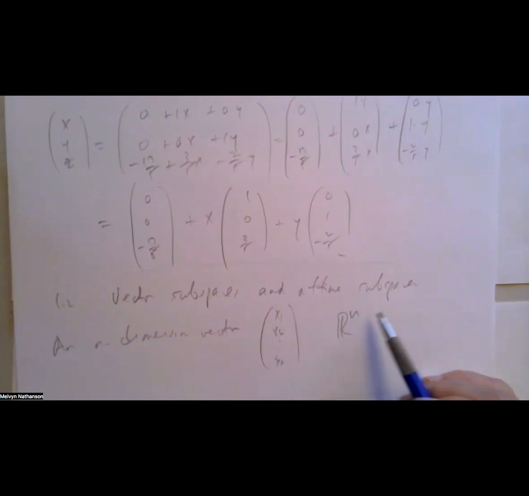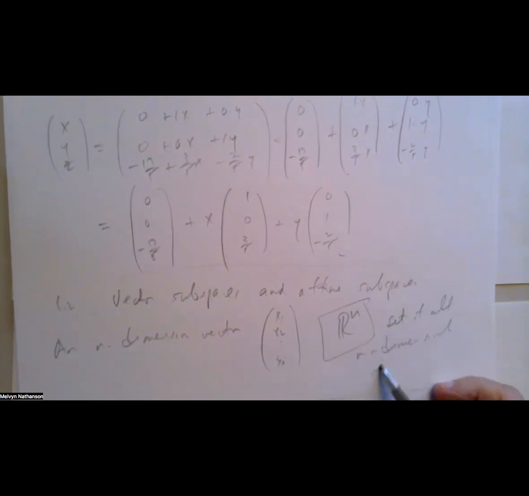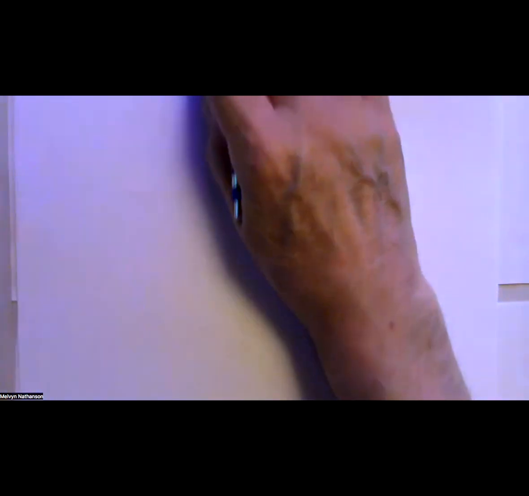And by Rn, this is the set of all n-dimensional vectors, where the numbers x1 up to xn, these xi's are called the coordinates, are real numbers. And we call Rn a vector space. It's the most important example of a vector space. We'll see later a more general definition of a vector space.